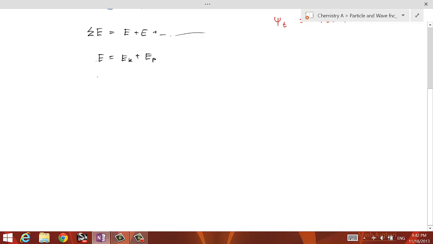So E equals EK, which as you know is half m v squared, plus the potential energy.